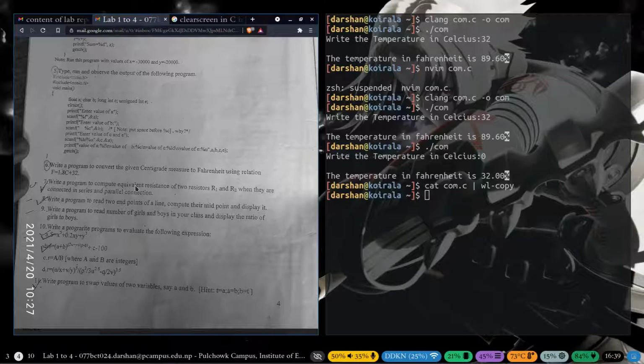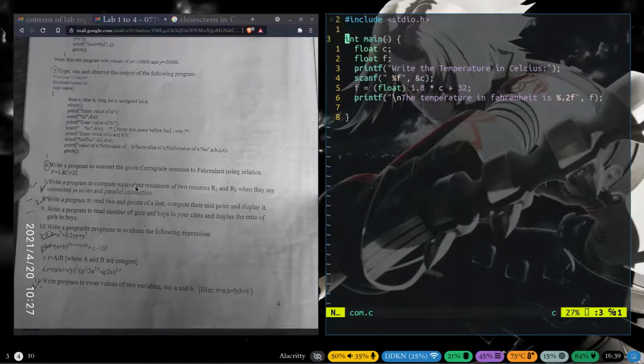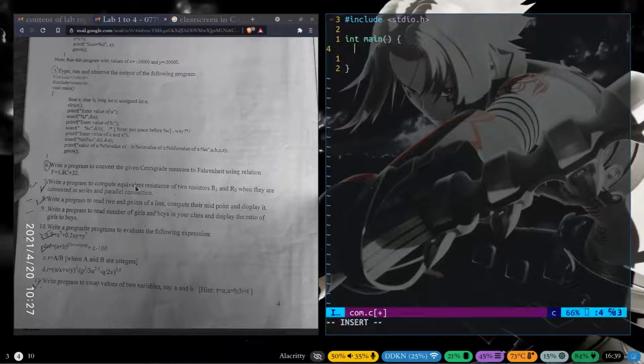Okay, now series and parallel combination. What I'm going to do is float R1, R2. Series, parallel, so that's going to be a little bit clear.